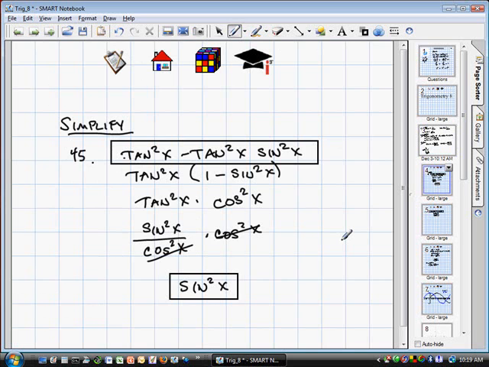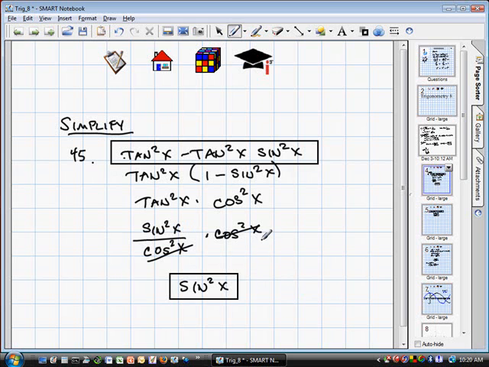Okay, so does everybody see how I got down to that line right here? And now what did I do? I used my new ratio identity. In place of tangent squared, oh, but I never taught you this, but if tangent equals sine over cosine, then doesn't tangent squared equal sine squared over cosine squared? Yeah. So in place of tangent squared, I put in sine squared over cosine squared.